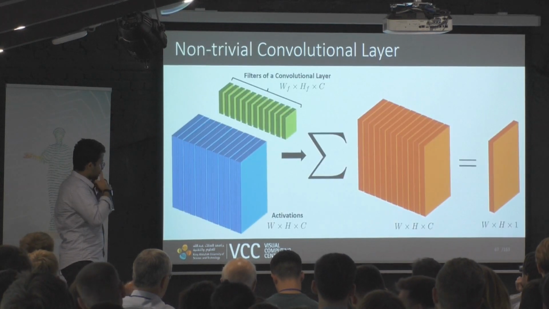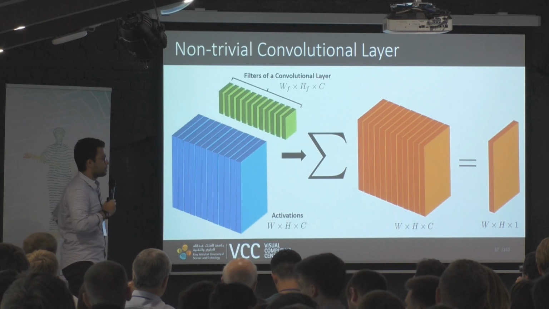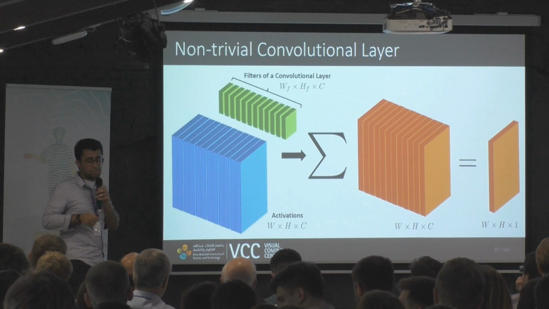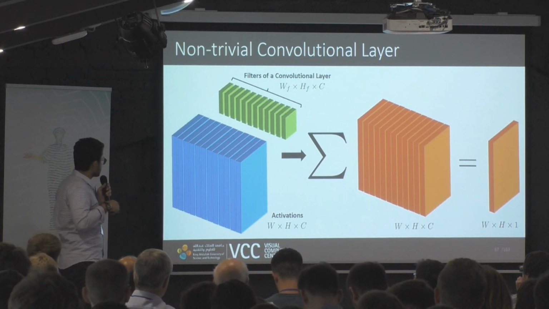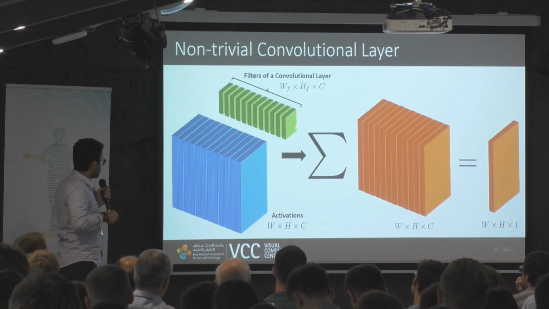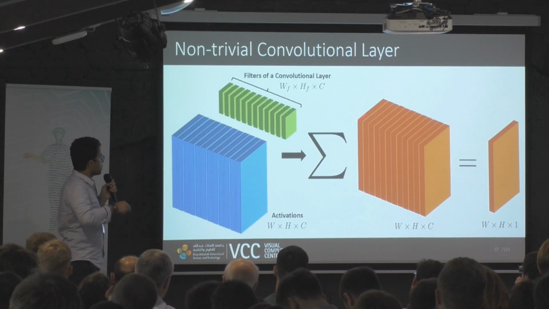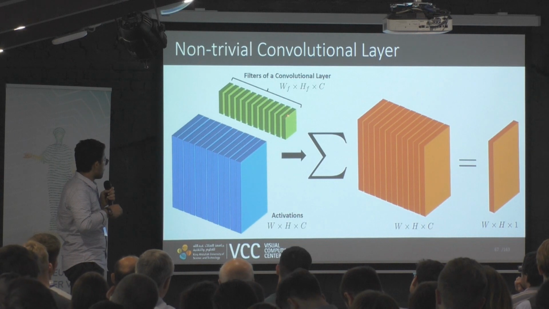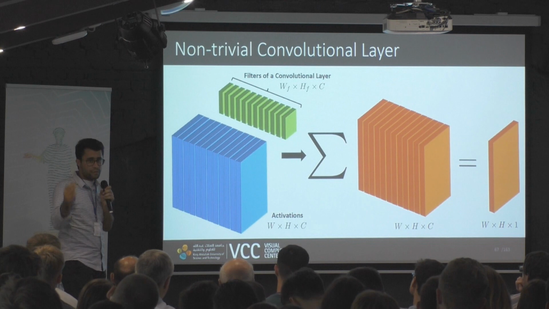Unfortunately, this is not a PowerPoint presentation, but this is fairly well known to everyone here. I want to highlight how convolution layers are not really trivial. Although they are linear operators, there's something extra happening on top of the convolution: you take each one of these filters, you perform 2D convolutions, and once you're done, you aggregate these activations. So it's really very difficult to represent this as a single matrix-vector multiplication because of all these operations.